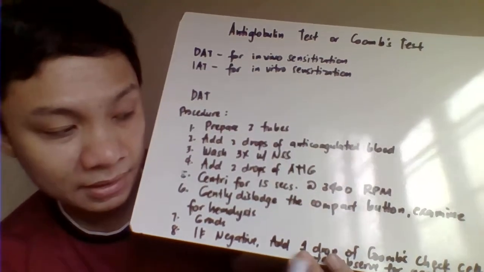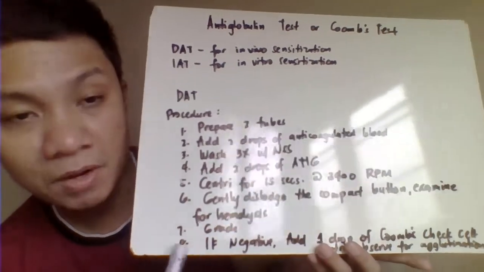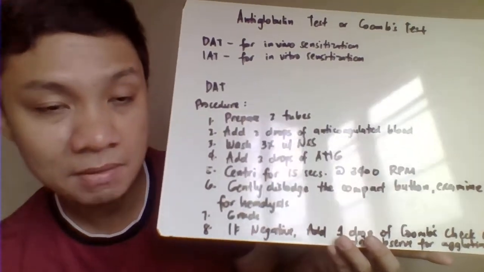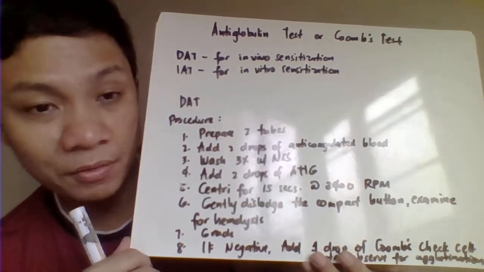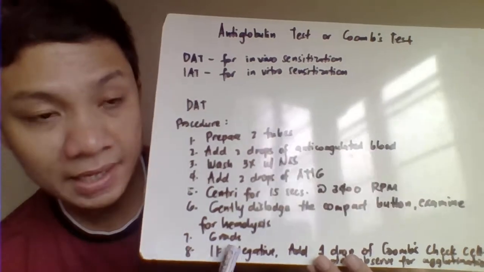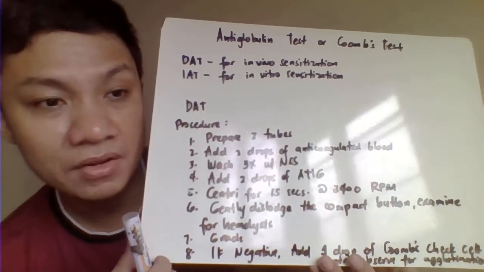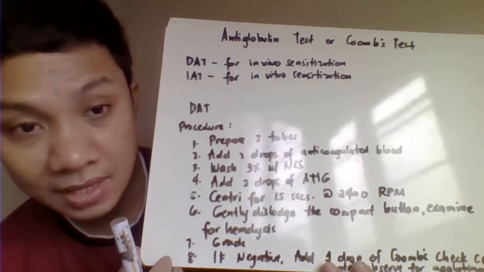Kaya kahit meron ka ng mga red cells na kasensitize na antibody, kung wala ka naman anti-human globulin, wala magko-crosslink na ating mga red cells. And therefore, hindi siya mag-cause ng agglutination reaction visible by our naked eye. Okay, another one is maybe because of the neutralization of your reagents.